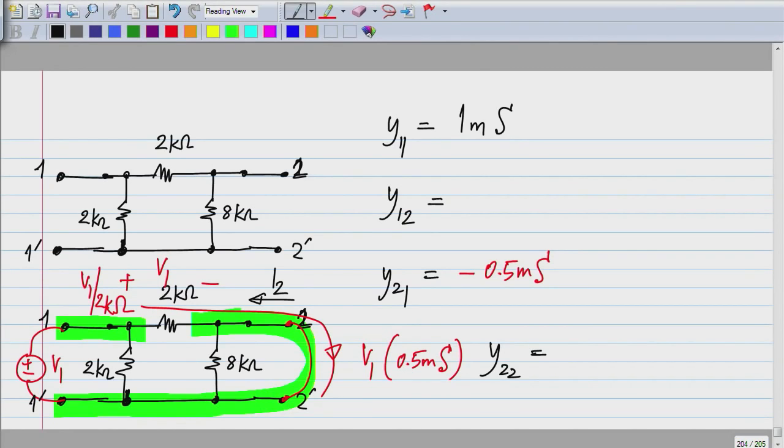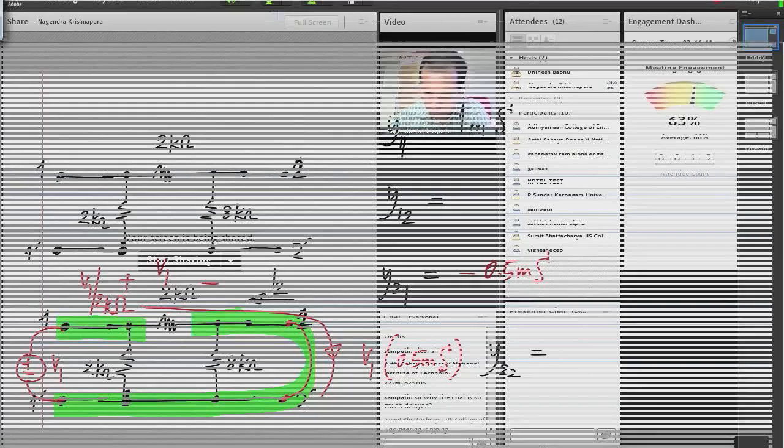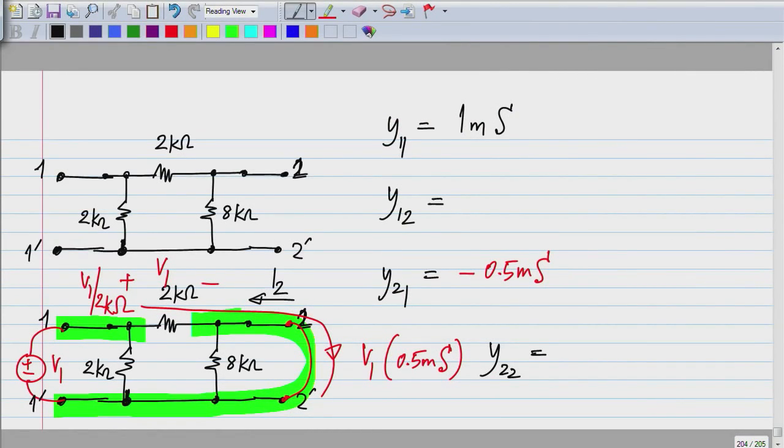Okay, Aarti, you got 0.625 millisiemens. Again, there is some calculation error. Please make sure that you, sorry, with this one, this is Y22. So yeah, Y22 is 0.625. That's correct.